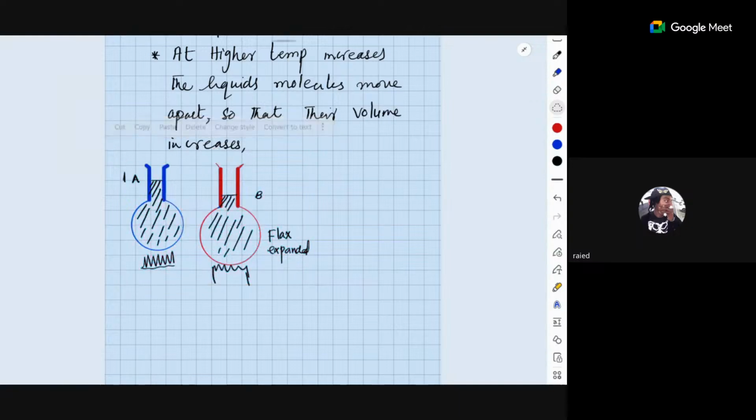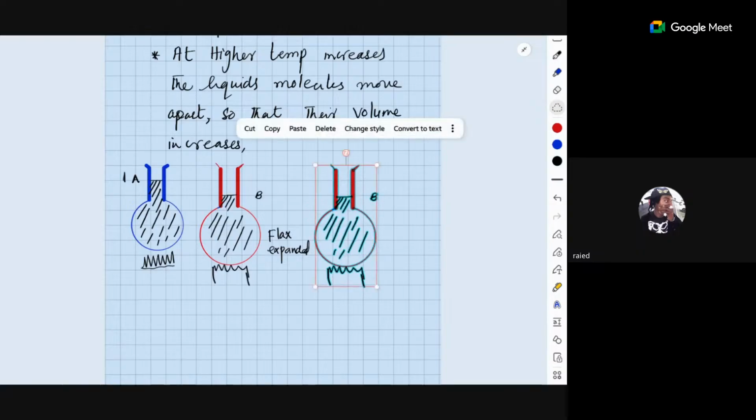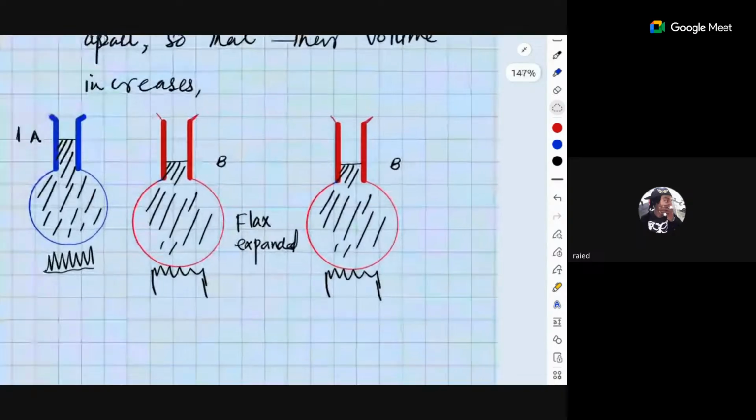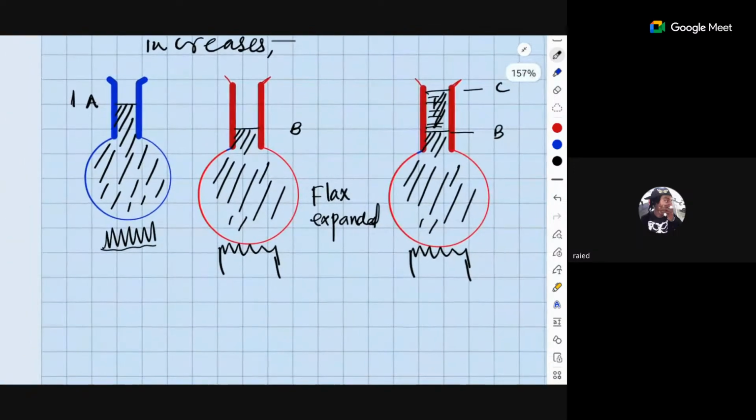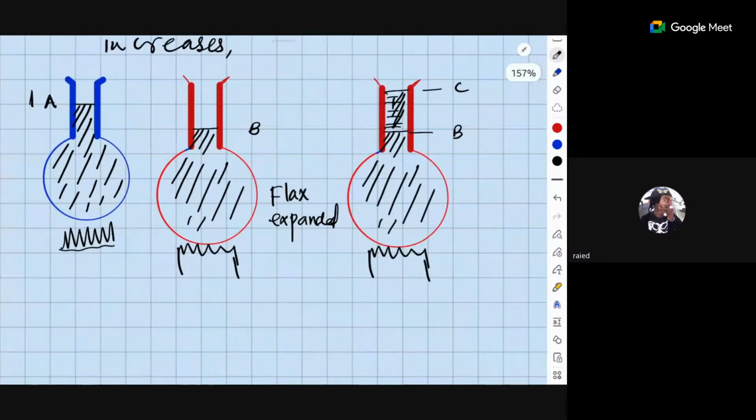This is a very important thing to understand: now not only the flask expands, but the liquid expands as well. So at stage 3, the volume of the liquid increases again, and the liquid reaches a new position. Let's say this is position C. You got my point? Yes, sir.